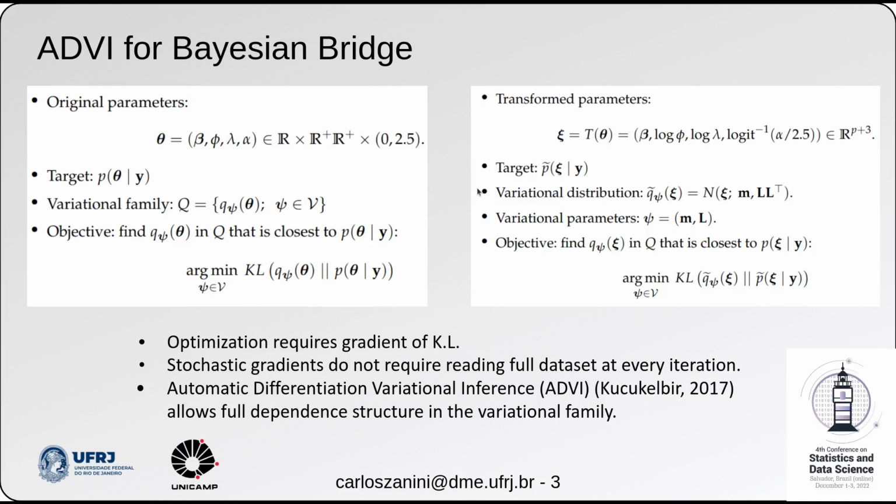So the ADVI transforms the original parameter space, which is restricted, into a new parameter called psi, which lies in R^d, in this case p plus 3, which has no restrictions. Now we can specify multivariate normals with a full covariance matrix as the variational family for psi, which will imply a full dependency structure on the original parameters theta.